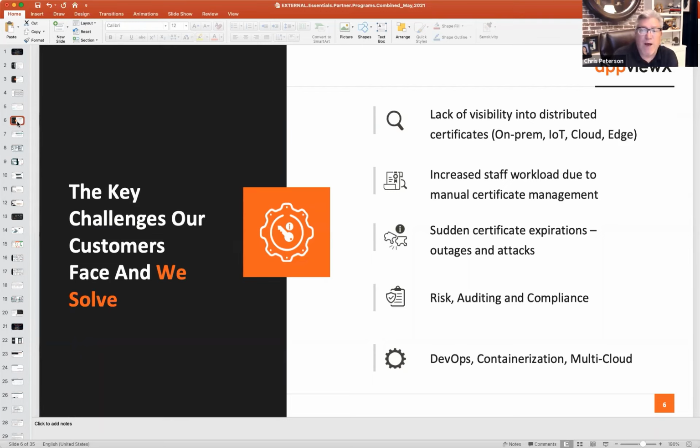And then, of course, with DevOps being so important and containers being spun up on a network, those certificates sometimes only last for days, some for hours, as DevOps people spin up containers and then spin them down. They do this in the cloud, they do it on-prem, they do it in their private cloud. We give your customer an opportunity to manage all of these certificates in one pane of glass.